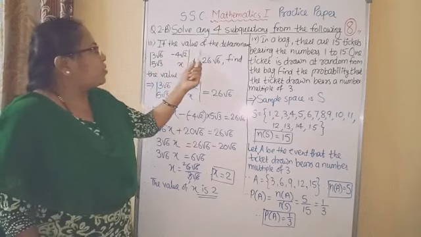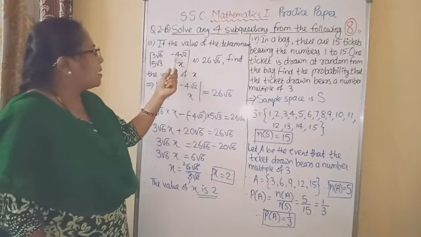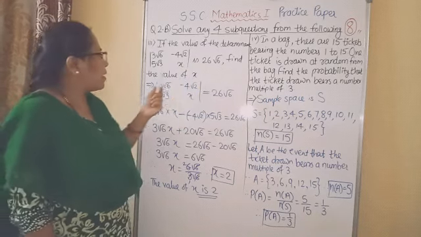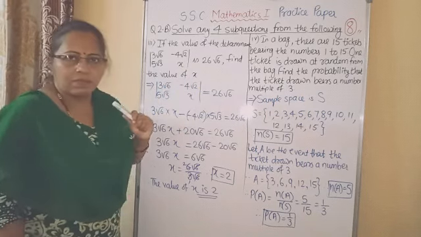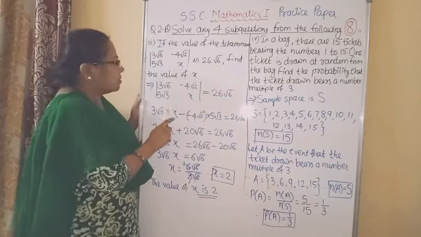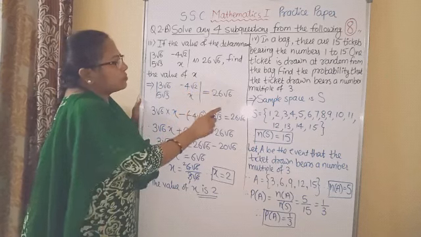If the value of the determinant with rows 3 root 6, 5 root 3 and minus 4 root 2, x is equal to 26 root 6, find the value of x. Now start the solution. First copy this determinant. The value of this determinant is given as 26 root 6.